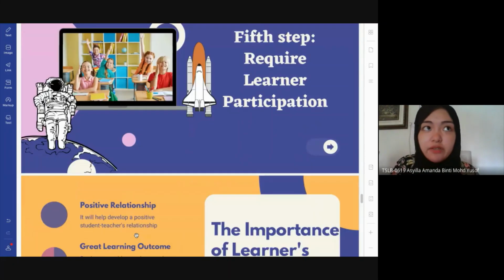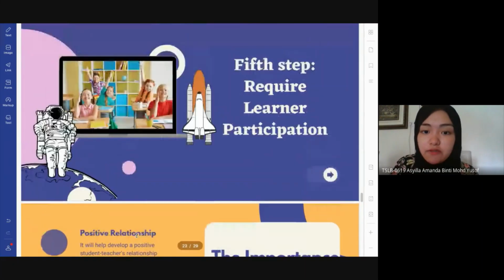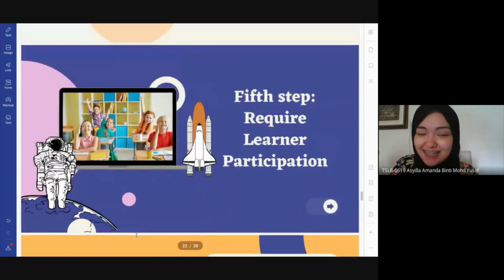Whatever your teaching strategy, you have to take note that it is very important to incorporate questions as well as questions and answers in order to make sure that the students are engaging and involving themselves in the teaching and learning process.